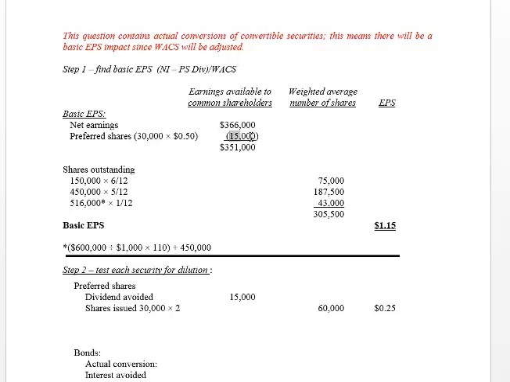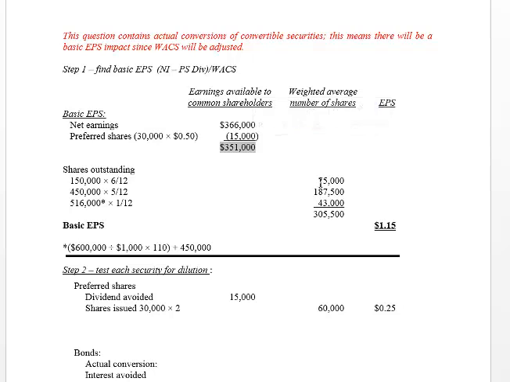We know what the preferred shares were that were paid during the year, declared and paid during the year, and they told us it's 50 cents a share, and we had 30,000 shares outstanding. So there were no conversions of the preferred shares, so we deduct the full dividend, and we'd have $351,000 available to common.